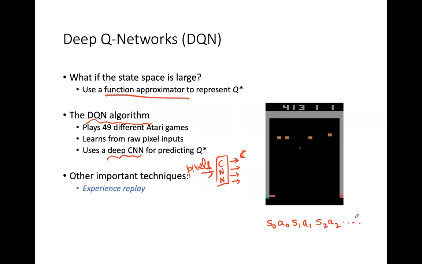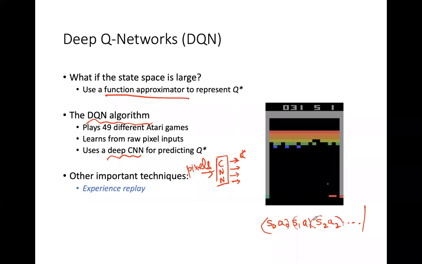And this goes on, and then your episode ends at some point, right? So notice what I said. What we would do at the end of the episode is take each of these state action pairs, attach to them a target value, which is given by that equation for the Q function, and then update your network parameters using that as your training set.